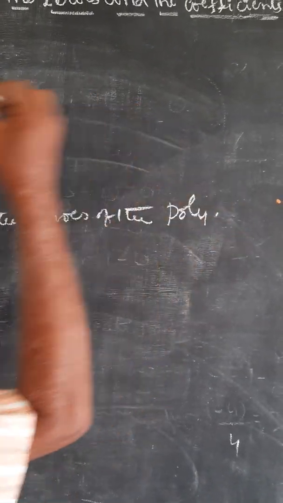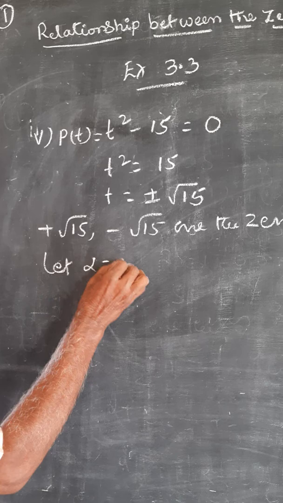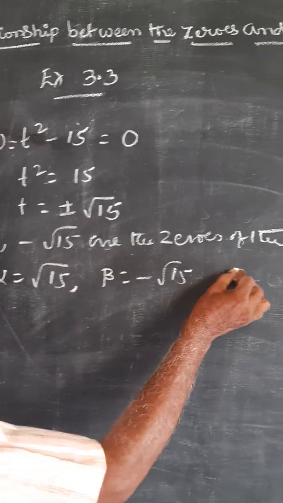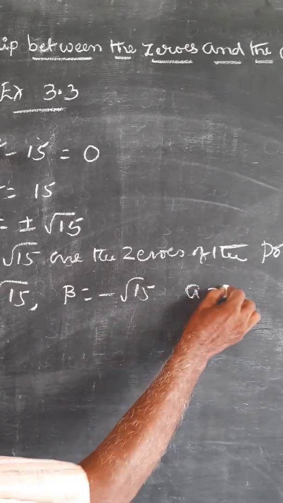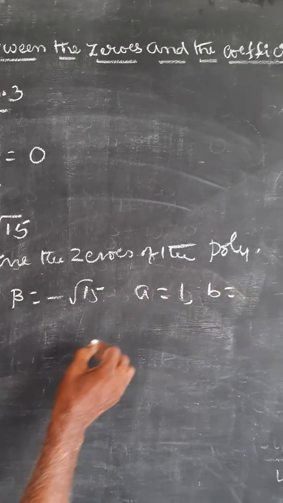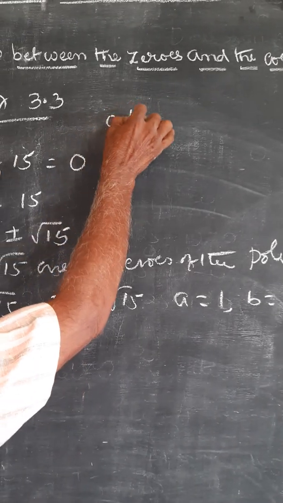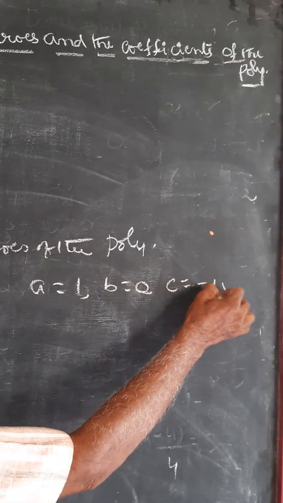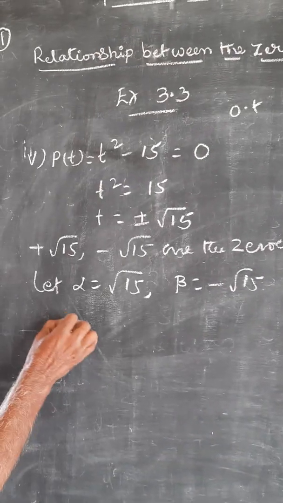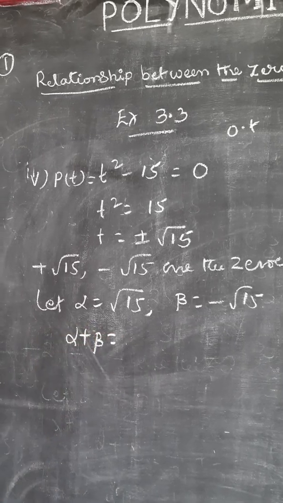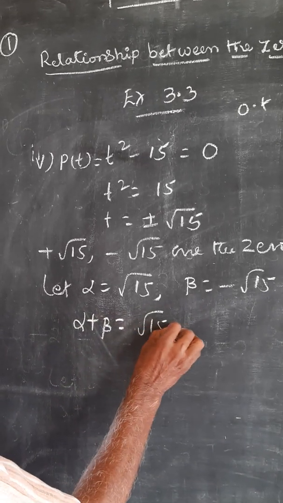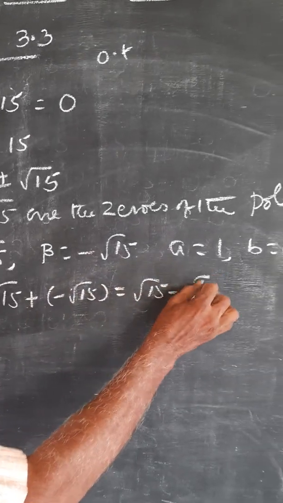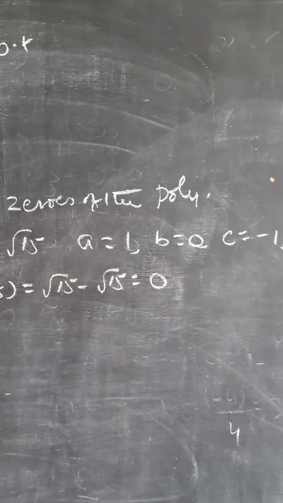Call the zeros as alpha and beta. Let alpha is equal to root 15 comma beta is equal to minus root 15, and t square coefficient 1, t coefficient not there, think 0 into t, that's why b value 0 and c value constant minus 15. Next, first alpha plus beta is equal to root 15 plus minus root 15, that is equal to root 15 minus root 15, which is equal to 0.